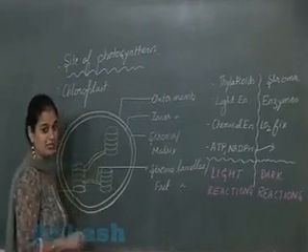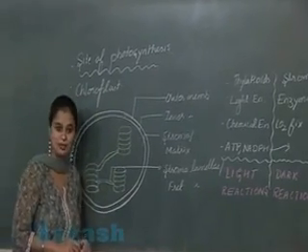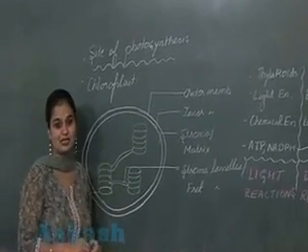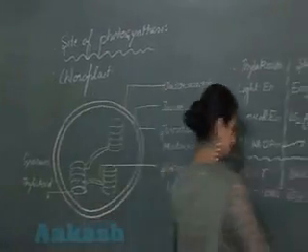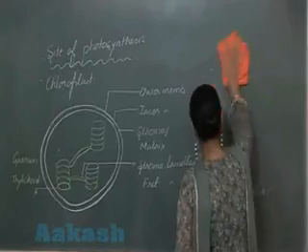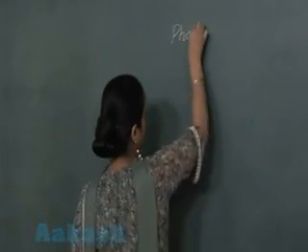Now here I will be dealing with the photosynthetic pigments. So three categories I will be dealing with here: chlorophyll, carotenoids and phycobilins. So now we have to discuss photosynthetic pigments.